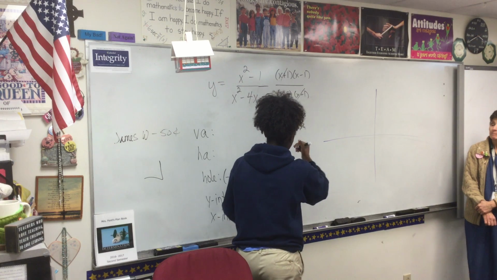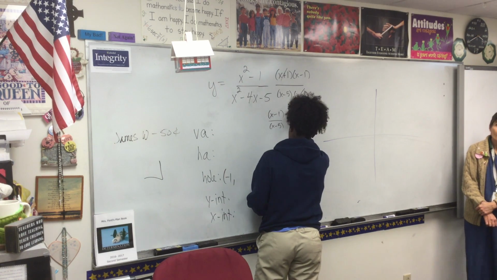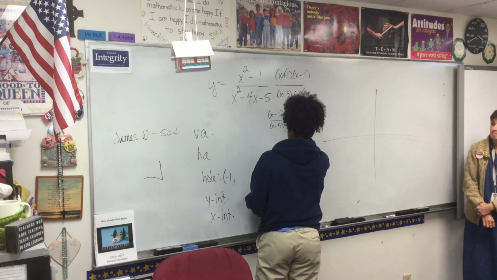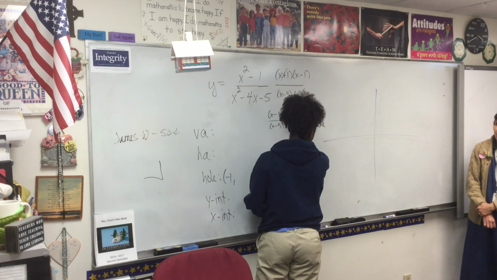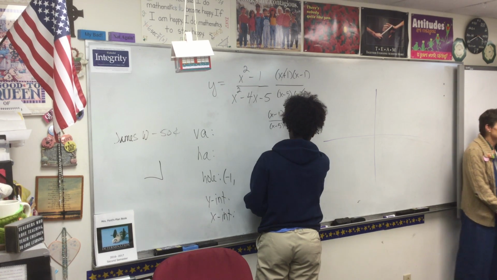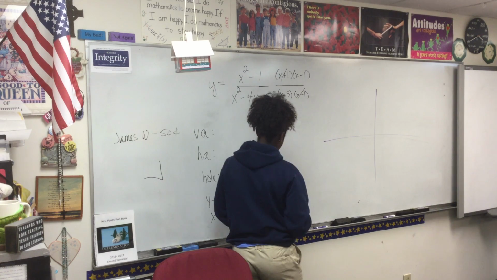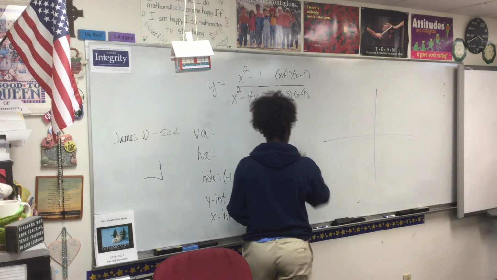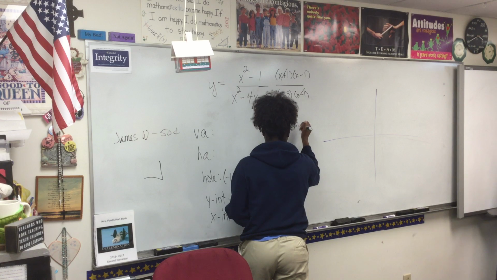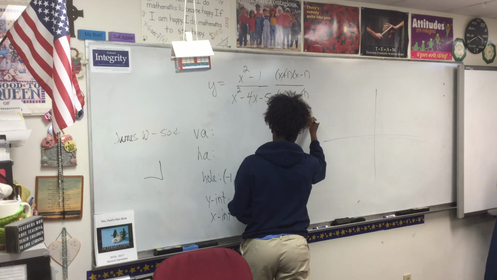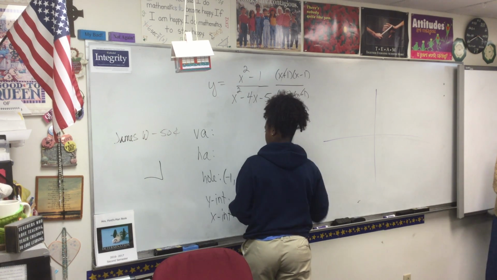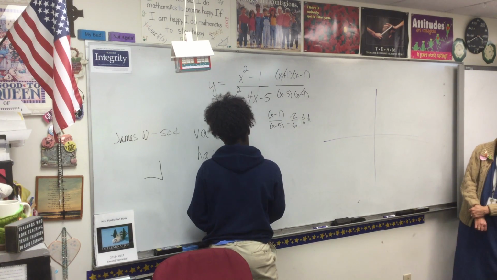There's so much pressure when you're up there. Uh-oh, what's -1 minus 1? -2 over -1 minus 5. Divide that by 2. So -1 comma 1/3.